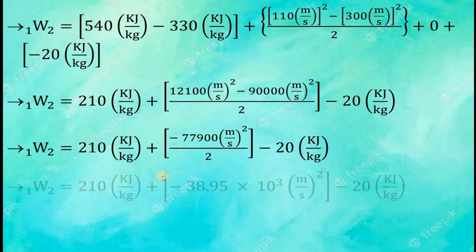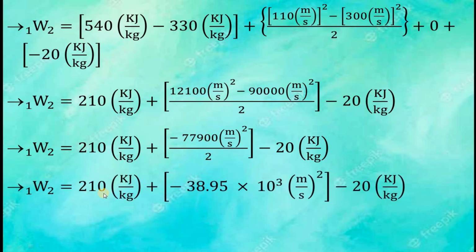So the next step will be 1W2 is equal to 210 kilojoule per kg plus of minus 38.95 into 10 power 3 meter per second whole square minus 20 kilojoule per kg. We know that 10 power 3 meter per second whole square is kilojoule per kg.